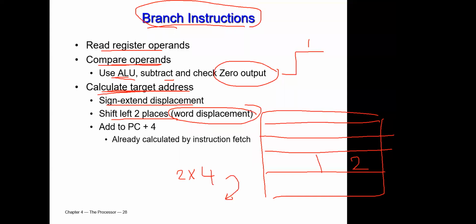Because that particular number will be in 16 bits, but I have to allocate it into 32 bits. And I have to multiply it by 4 in order to get the word count. Multiplied by 4 means I'm shifting left by 2, and that's why I have to shift left by 2, and then after doing all of these things, I have to add the result to the program counter plus 4.